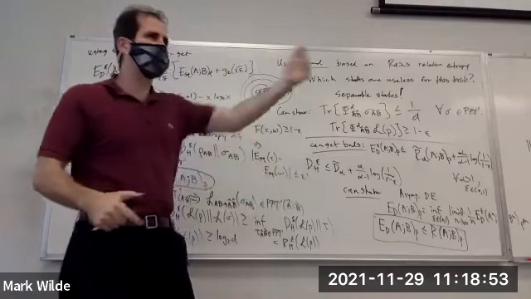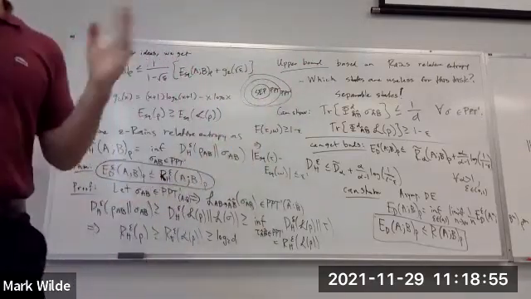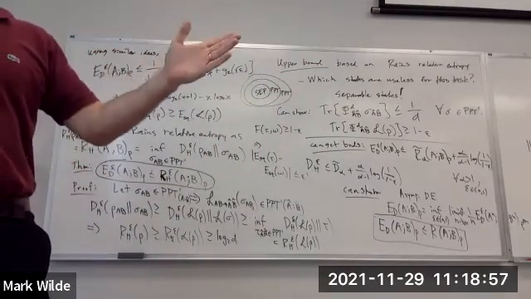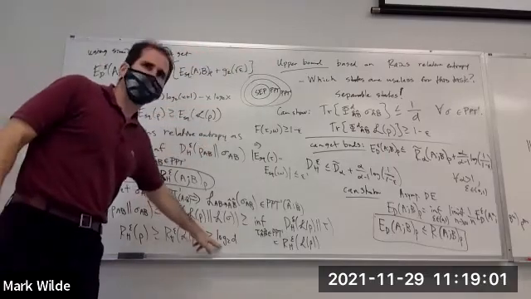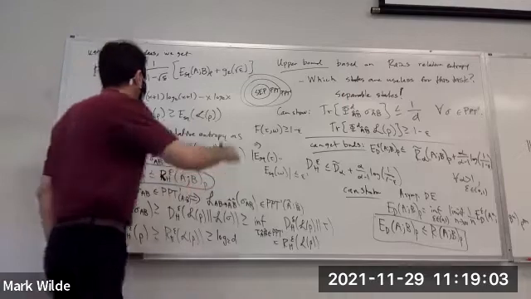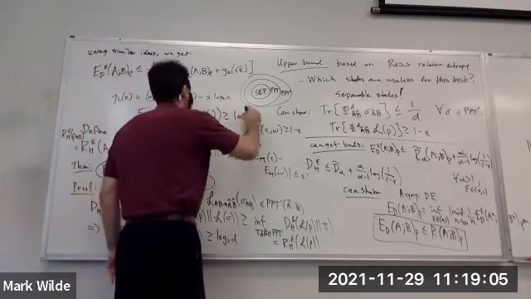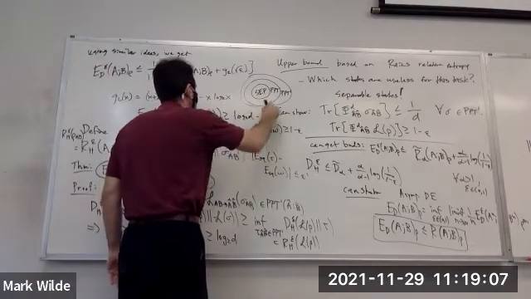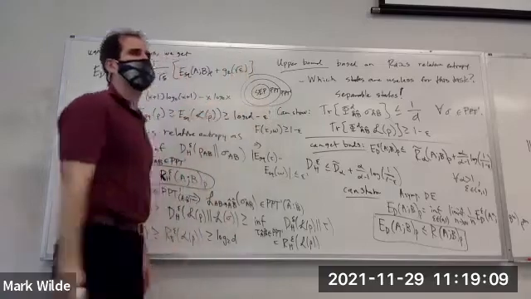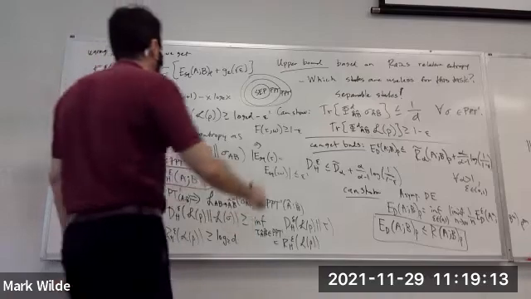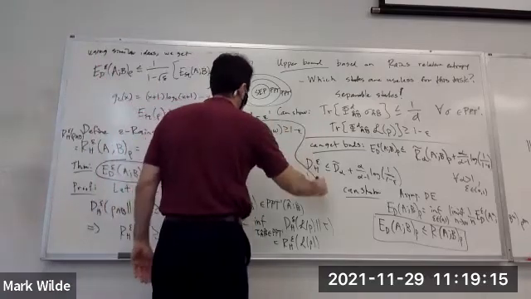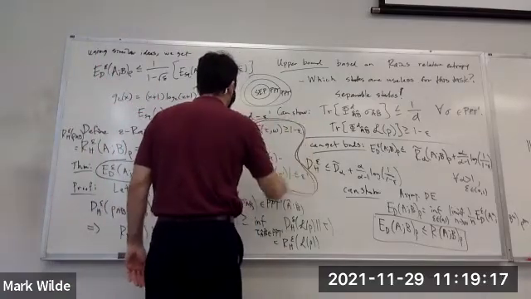And if you evaluate the squash entanglement of the maximally entangled state, it's log D. So that's how this kind of thing arises with squash entanglement. So you get log D minus some correction term that comes out of it. Okay. But there's quite a bit of technical detail that goes into this kind of statement.